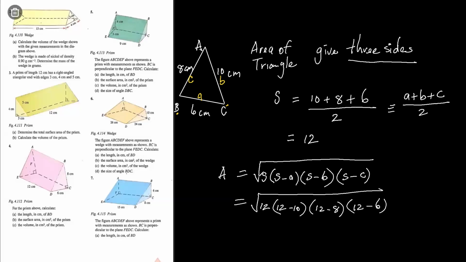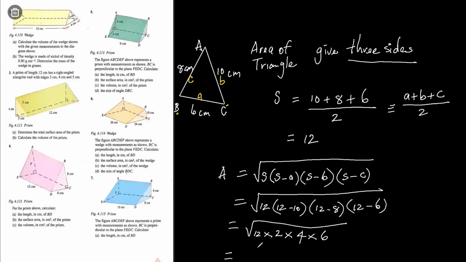Then we say S minus A, S minus B, S minus C. That will give me the square root of 12 multiplied by 12 minus 10, 12 minus 8 is 4, and 12 minus 6 is 6. So multiply 12 by 2, 24, times 4 times 6.